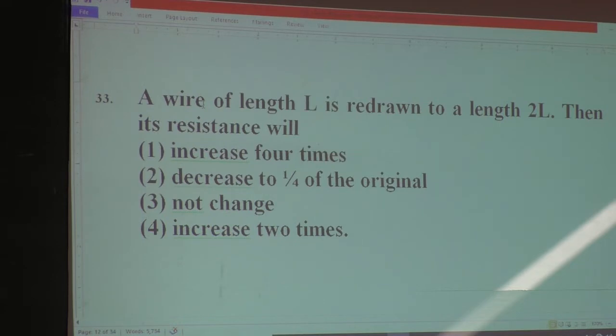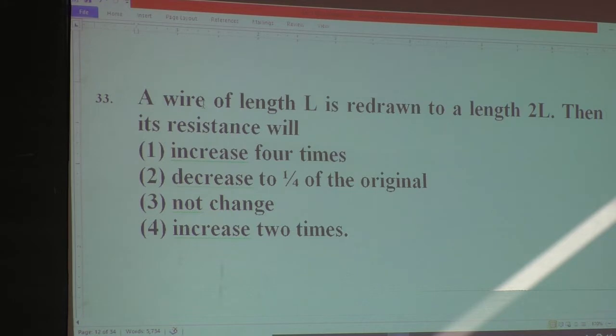Now we see: a wire of length L is redrawn to a length 2L. What do you mean by that? You have to take a wire and stretch it. When you stretch it, the length gets doubled. Then its resistance will be, you know this, the resistance of any wire when it is stretched n times is n square times R. Here n is 2, n square is 4. So it increases to 4 times, increases by 3 times, and increases by 300%.